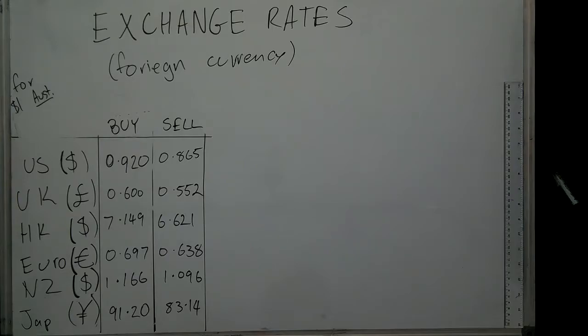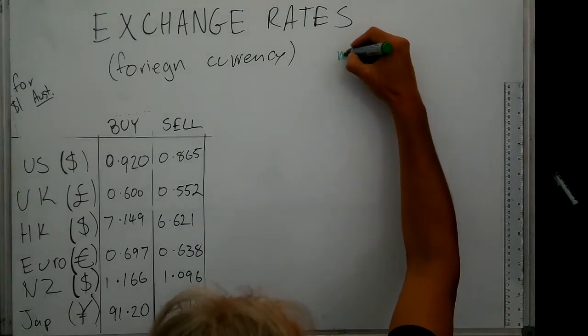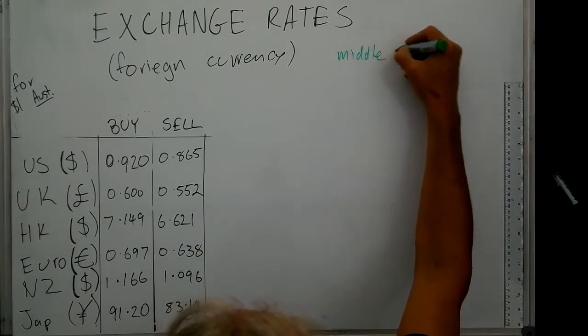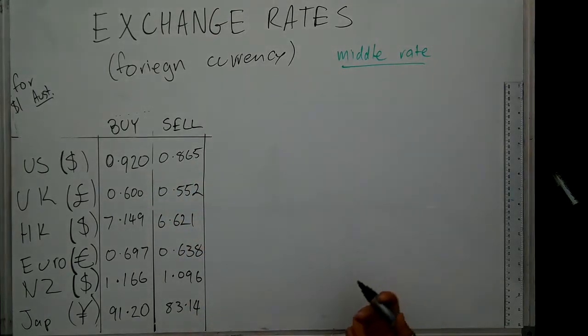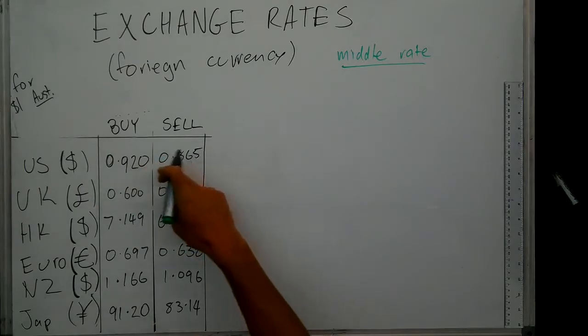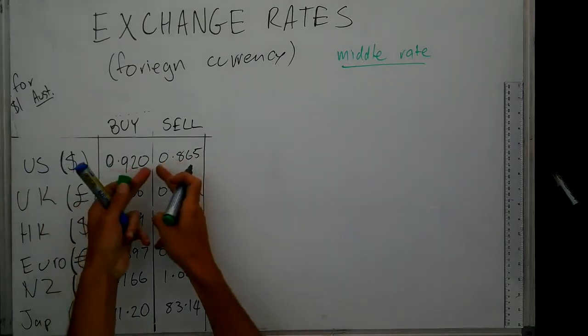When you look up a rate, you tend to find what we call the middle rate. Let's just write that down. The middle rate, which is the average or the mean of the buy and sell. So it's usually a number in between.